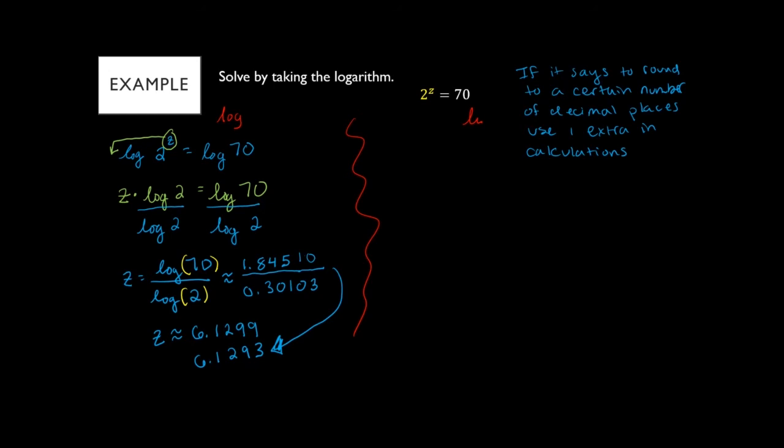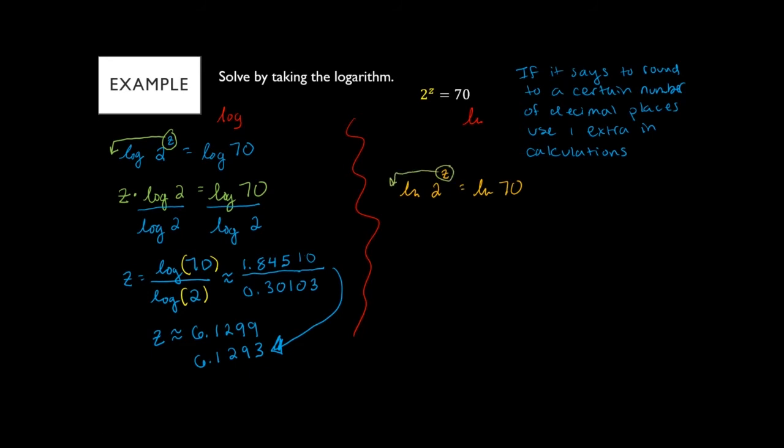And we'll follow the new rounding rule that I wrote down on the right. We're going to use 5 decimal places when we calculate, just to see if we get the same thing at the end. So we're going to use the natural log here. Instead of log 2 to the z, it'll be the natural log of 2 to the z, and then the natural log of 70. But all the steps are basically the same.